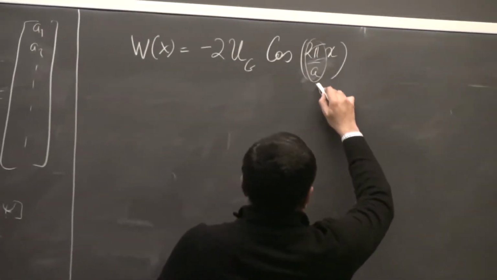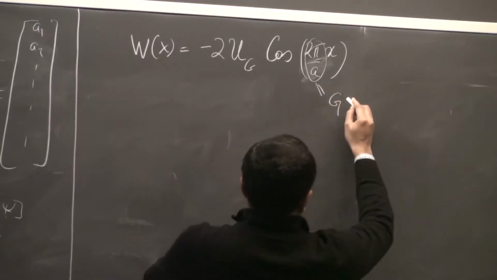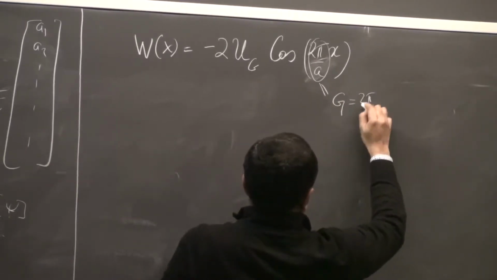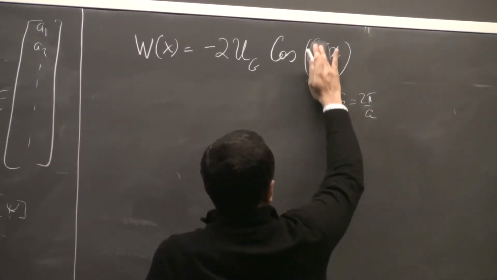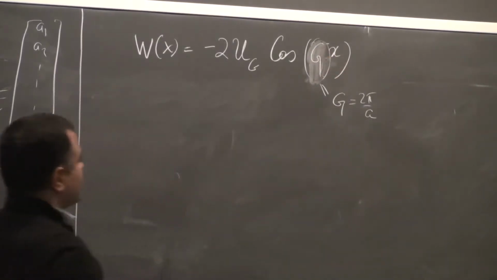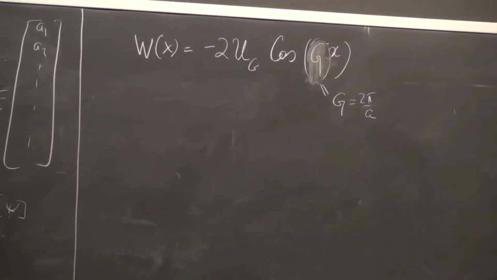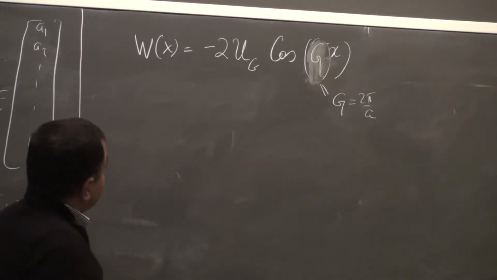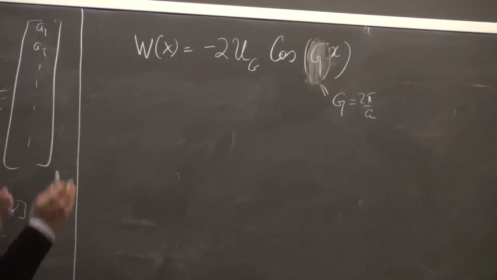And then we're going to write this as G, uppercase G, which is again 2 pi by a. Later we are going to see why it is called the reciprocal lattice vector. Right now it's just a parameter for us. So I'm going to take this potential and find this matrix element.